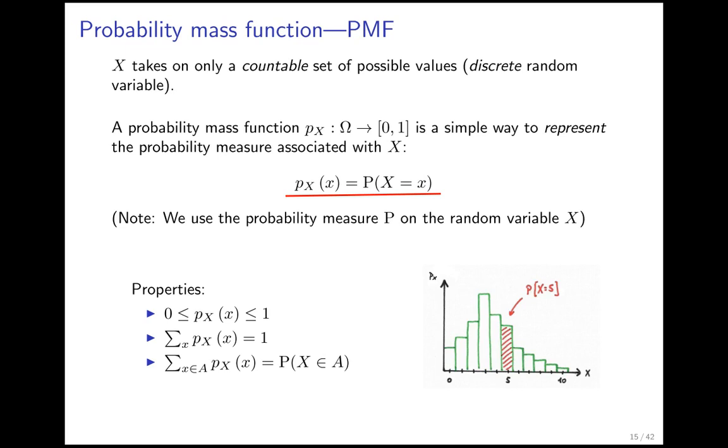And it also has some properties that are very similar, namely that the mass is always between 0 and 1. That's clear because we have a probability that is corresponding to this, which has to lie between 0 and 1. And if you take all possible values that the random variable X can take, and sum over all of them and take the probabilities, then this has to sum up to 1. So all possible probabilities have to sum up to 1, because all these small x's have to be distinct.